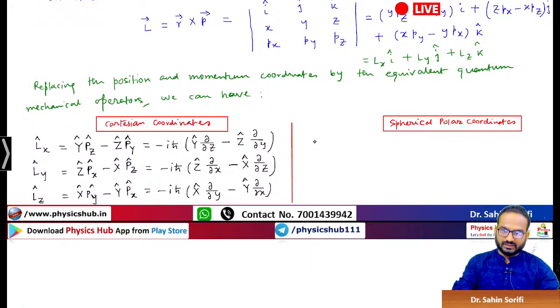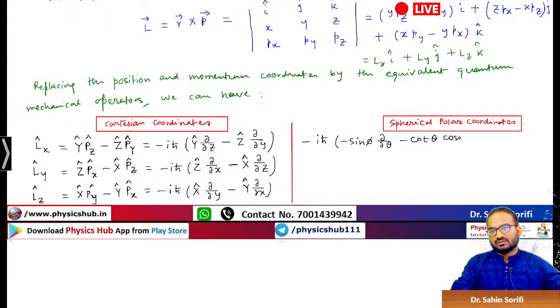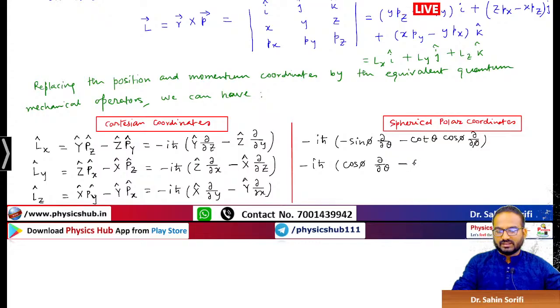In spherical polar coordinates, the equivalent expressions are: minus i h cut (minus sin phi del/del theta minus cot theta cos phi del/del phi); minus i h cut (cos phi del/del theta minus cot theta sin phi del/del phi); and finally this one, minus i h cut del/del phi.